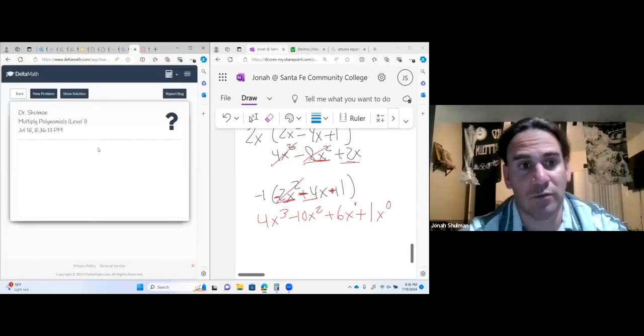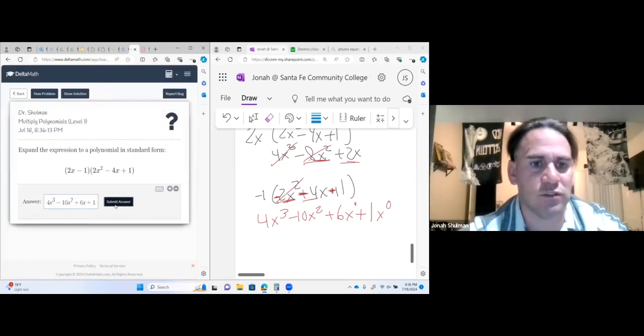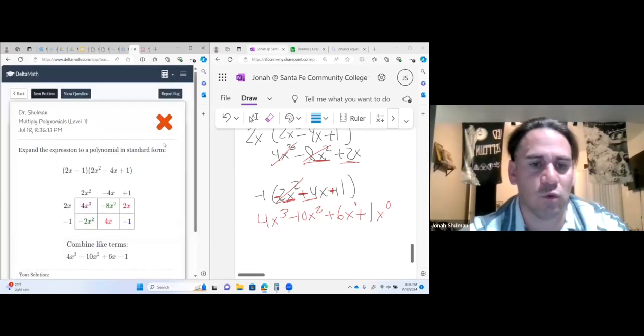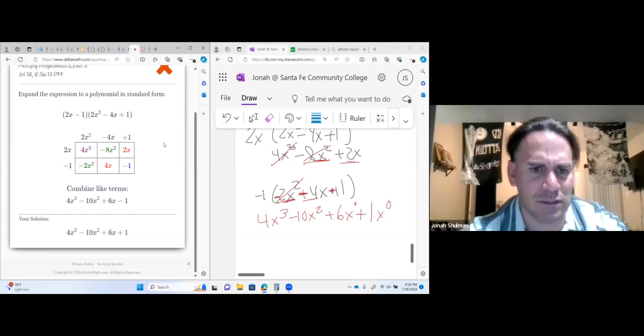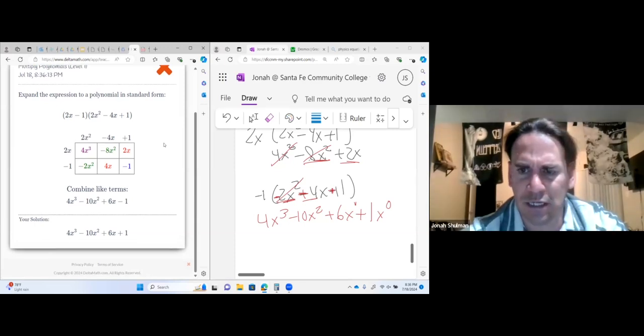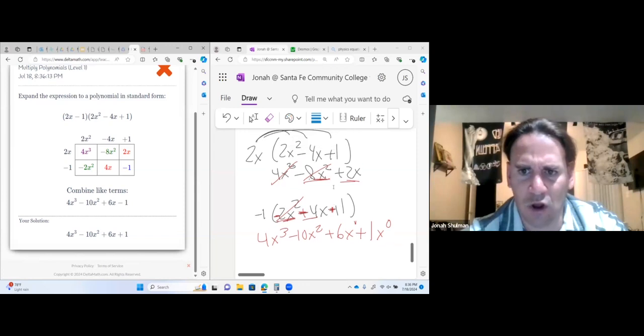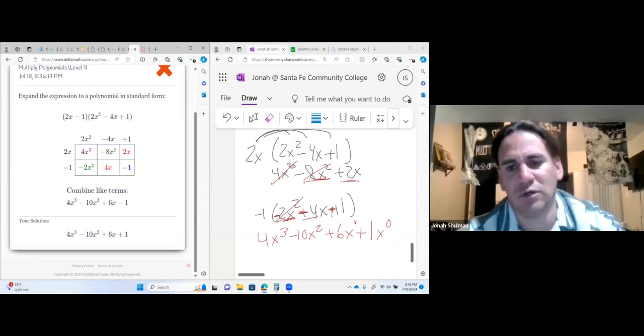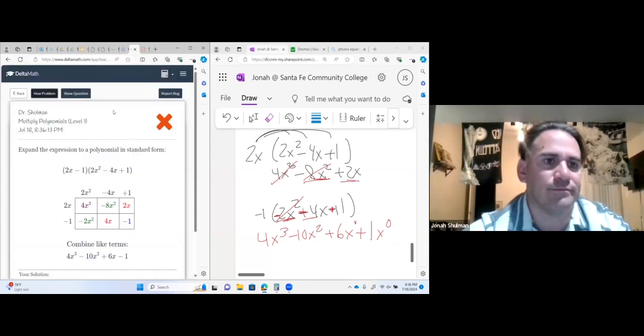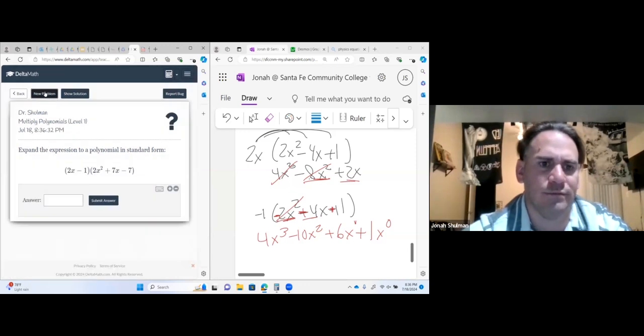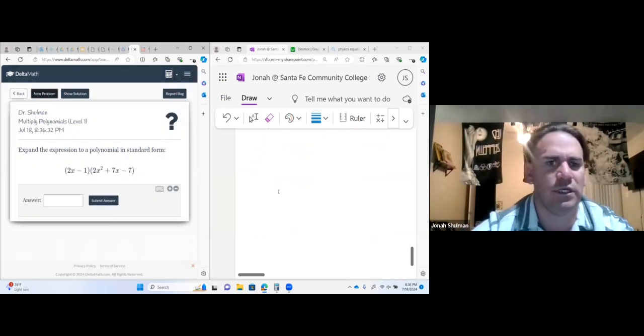I will definitely restart my computer before I do the next one, but this is just the end of the algebra, so I thought I'd push it. Whoa! What did I miss? Did I not change the sign? Oh, I put a minus here when it should have been positive. Guess I'll do it again.